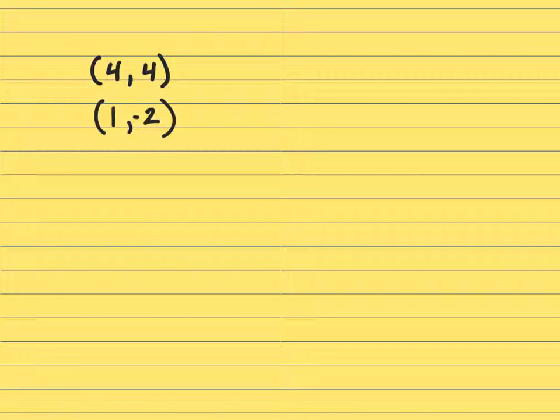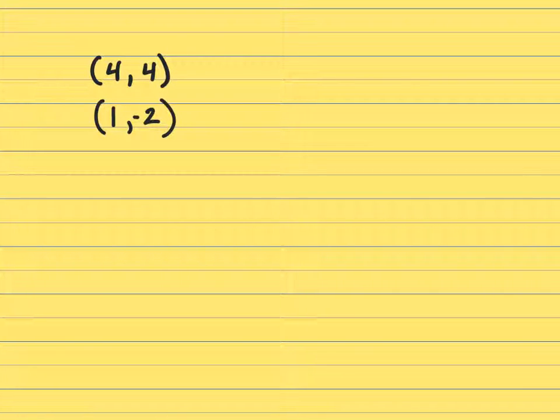The other type of problem you're going to see in your assignment today is that you will just be given 2 points that the line goes through, and you will be asked to find an equation for that line. So you can still use the point slope formula, but now you'll have to calculate the slope by subtracting the 2 points.